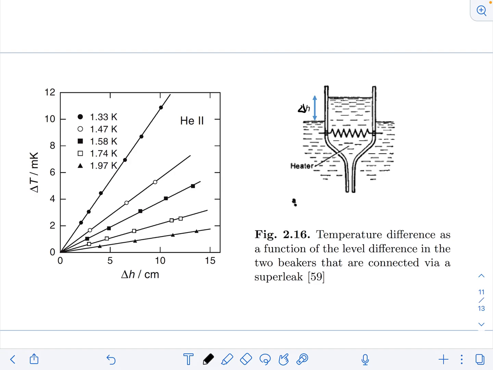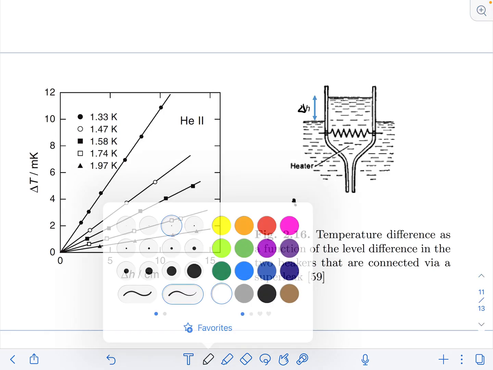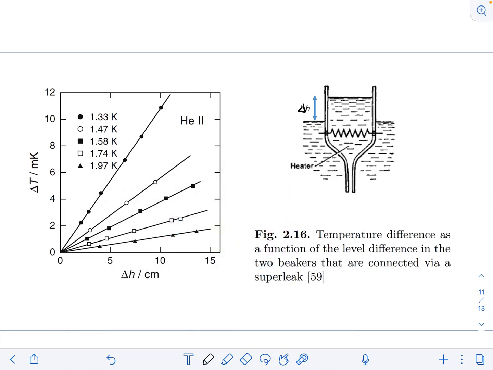And so they've done this for helium-2 at a bunch of different temperatures. Here's 1.3, 1.5, 1.6, 1.75, 2 Kelvin. And what they did is they measured and plotted how delta T and delta H are related, and the slopes of these lines.